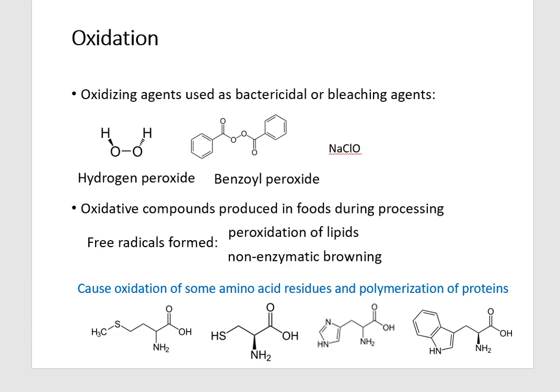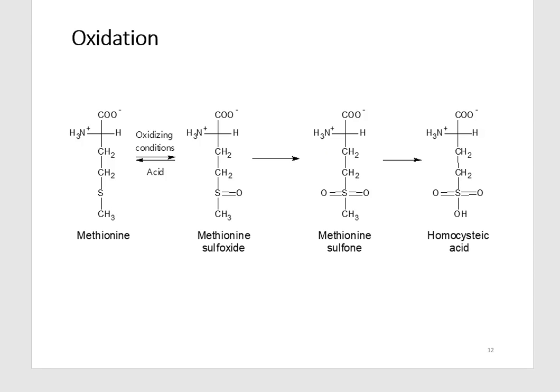The amino acid residues most susceptible to oxidation are methionine, cysteine, tryptophan, histidine, and tyrosine. Let's see some examples. So methionine is easily oxidized to methionine sulfoxide by various peroxides.